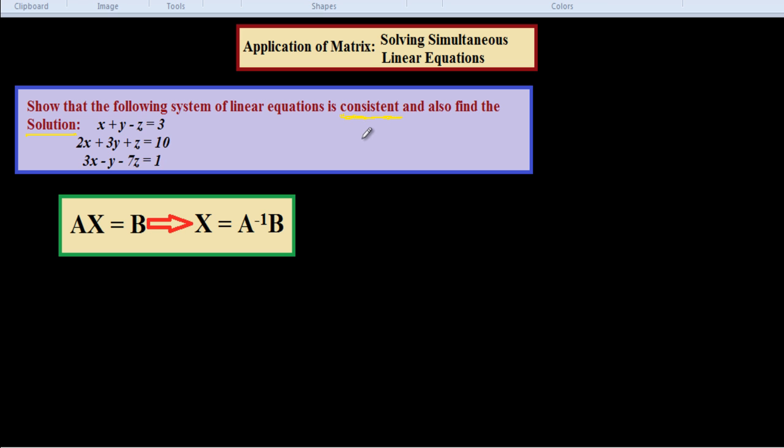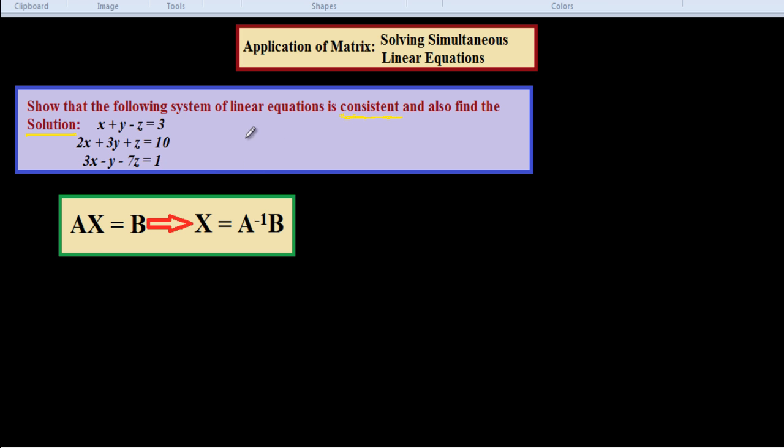In a system of linear equations, if the system is consistent, then we can get the solution. Otherwise, we are unable to get the solution. So first of all, whenever we have to solve linear equations, we should know about the consistency of the system. If the system is consistent, then we can get the solution.